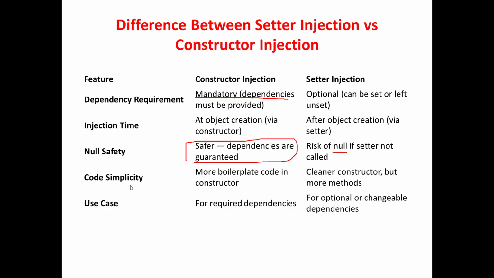Code simplicity: more boilerplate code in the constructor. Okay, cleaner constructor, but a larger number of setter methods are also available. Use case: when you have mandatory, required dependencies, you can pass them here, and optional or changeable dependencies here. This is about your setter injection and constructor injection.